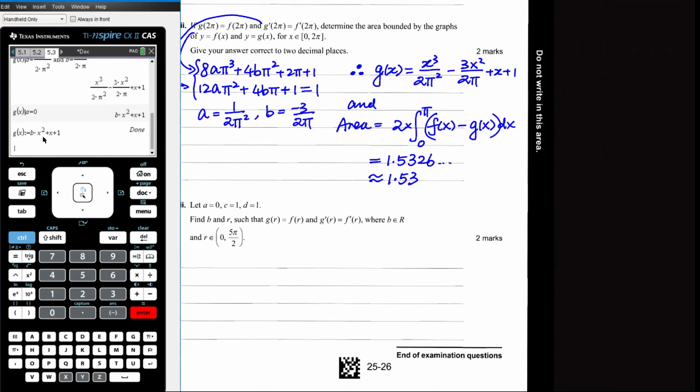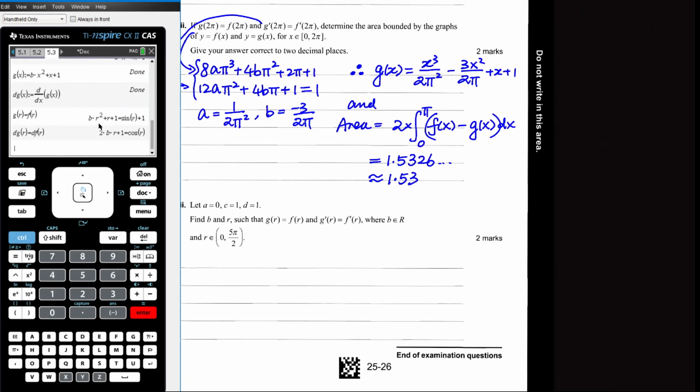The next thing is I would like the derivative again. So once I define the g, I also need to redefine my derivative to refresh the previous one. And I've got g of r equals f of r. So that's one equation. And dg of r equals df of r.